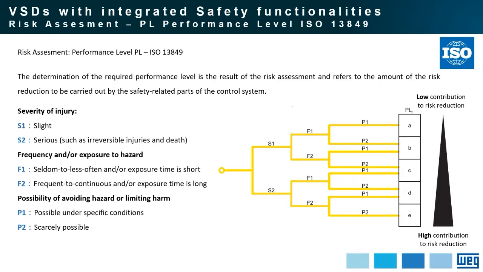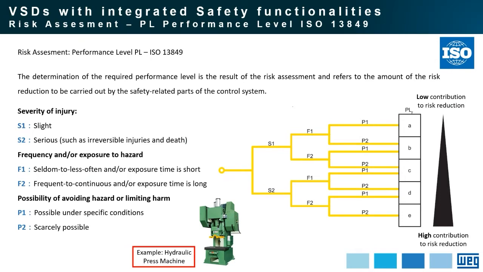And the risk assessment also follows some basic questions, similar to the previous standard. In this case, we will check the severity of injury, the frequency and/or exposure to hazard, and also the possibility of avoiding hazard and limiting harm. So using the same hydraulic press machine as an example, we can classify it as a machine that may cause serious injury.